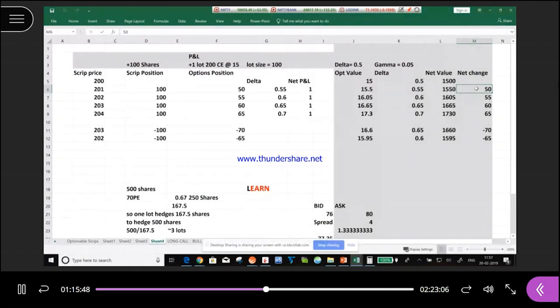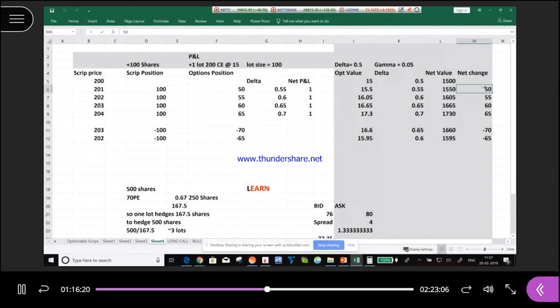Now, for the first rupee rise, your PNL has changed by 50 rupees in the options case. Now you can look at it in two ways. One way is that 50% of the shares are participating at full speed. That is, 1 rupee has changed in the underlying, so your option premium has changed by 50 into 1 because the delta value is 0.5.